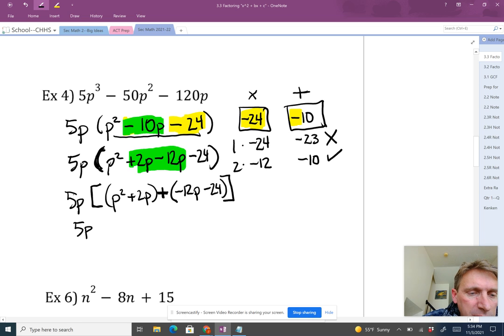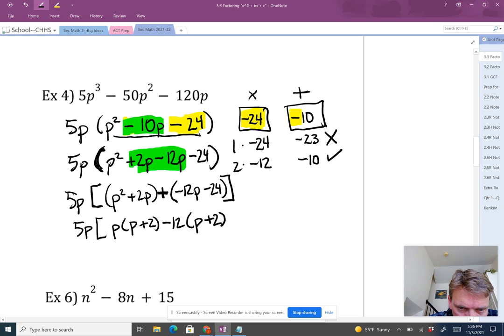Then we take 5p brackets. We take out a p that they have in common, p times p plus 2, plus, and let's go ahead and make it minus because both of these terms are negative. So I'm going to factor out minus 12 times p plus 2.